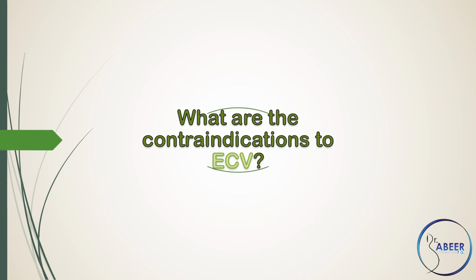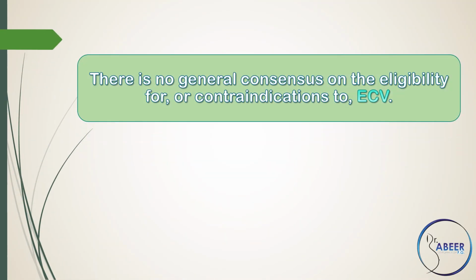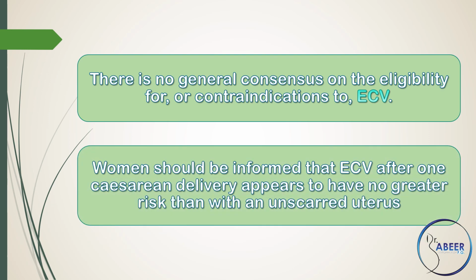What are the contraindications to external cephalic version? There is no general consensus on the eligibility for or contraindications to ECV. Women should be informed that ECV after one cesarean delivery appears to have no greater risk than with an unscarred uterus.